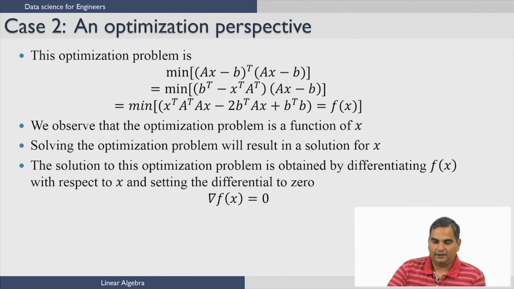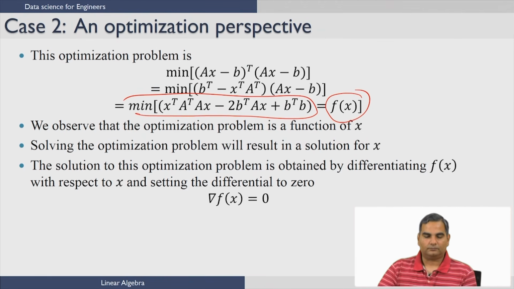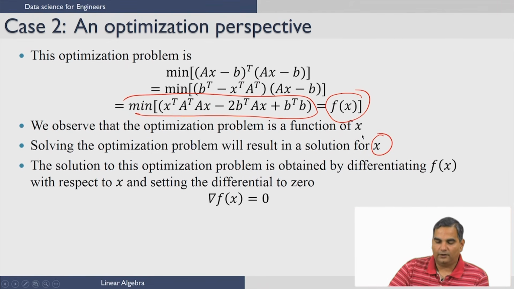After some algebraic manipulation, we can write this objective as a function of the solution, f of x. We observe that this optimization problem becomes a problem where the objective is a function of x. Solving this optimization problem will result in a solution for x, which is what we are going for.